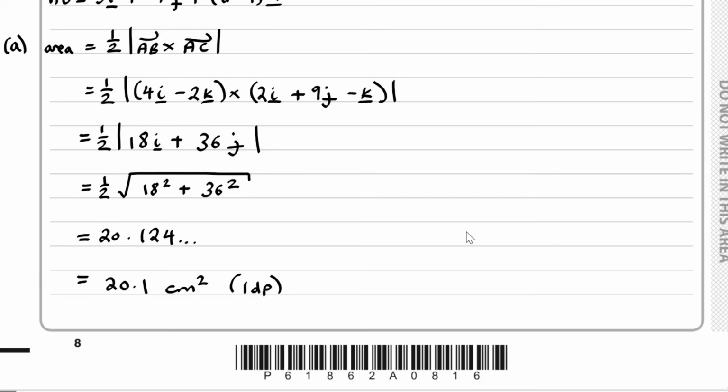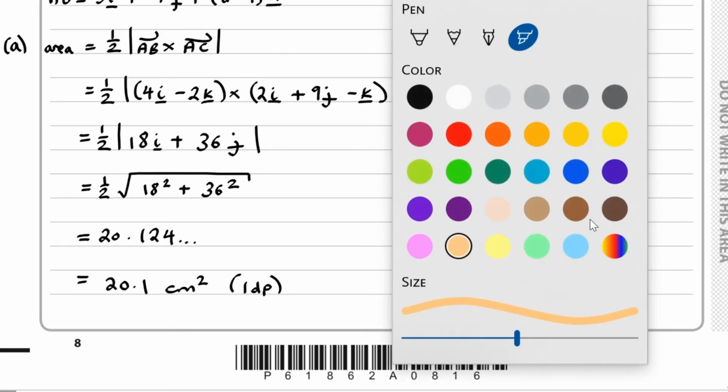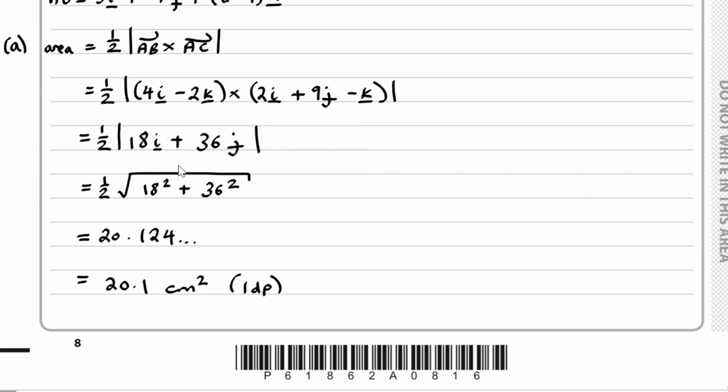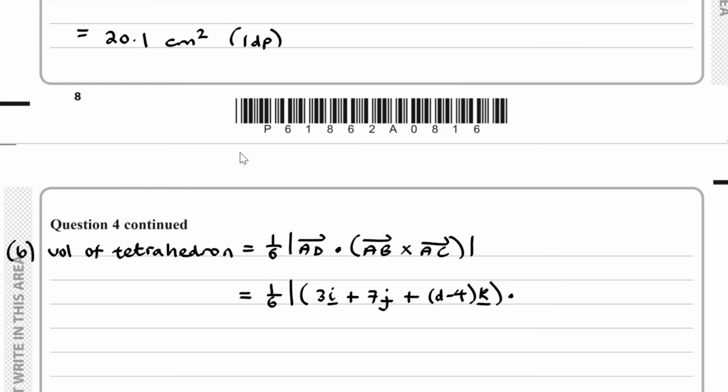AB times AC, if I grab a different colour highlighter, we see that AB times AC is 18i plus 36j. Okay, so we have this dot product with 18i plus 36k.